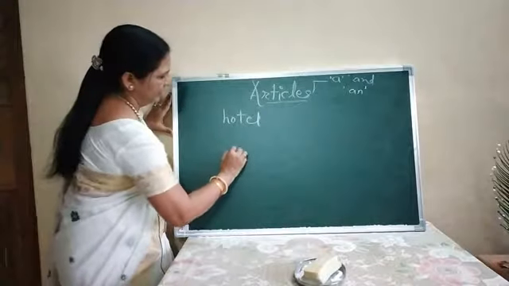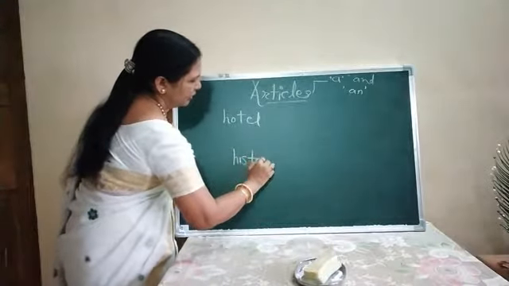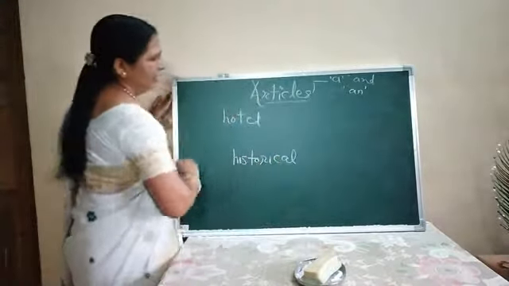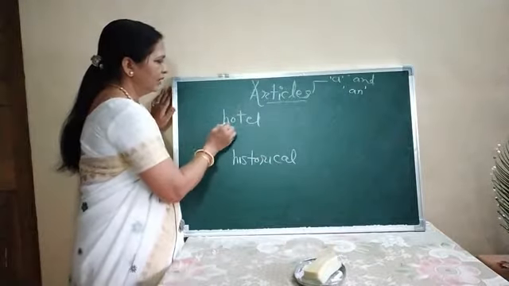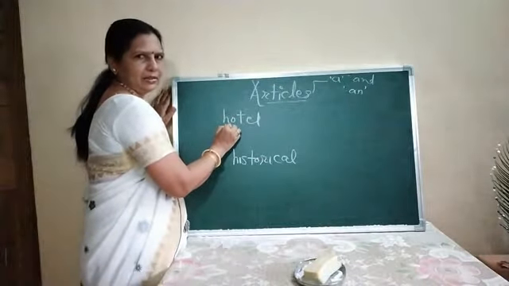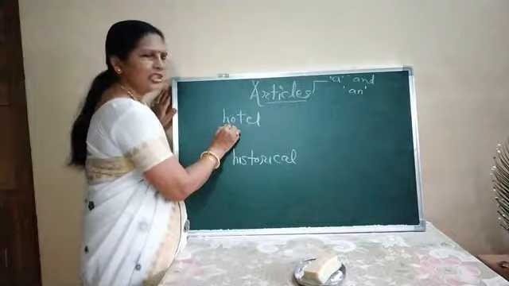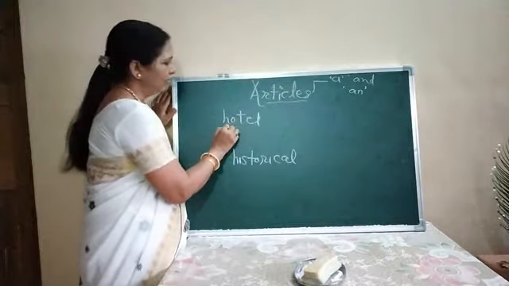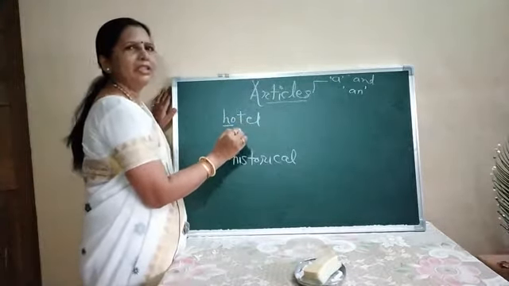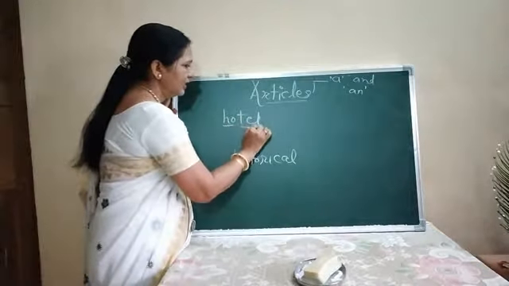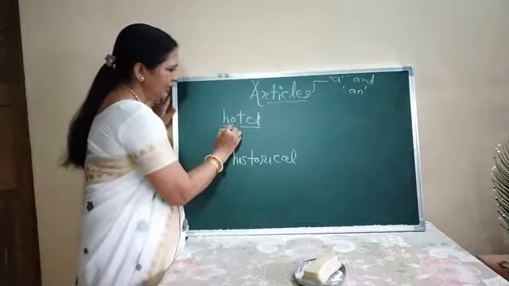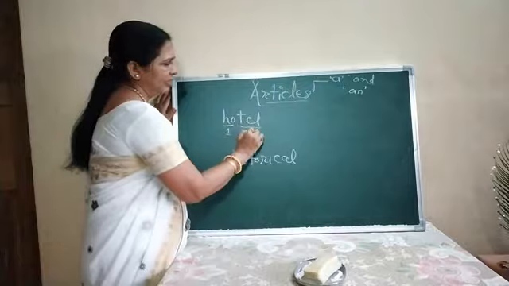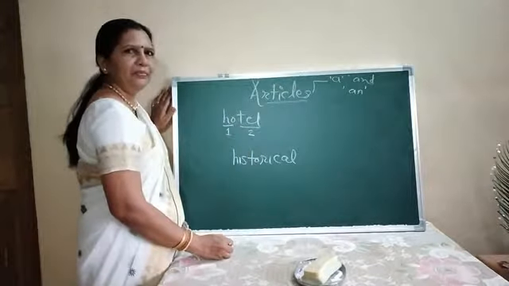Hotel and historical. How is it pronounced? This is hotel. किती syllables आहे याच्यात? 2 syllables. One is हो. Syllable म्हणजे अक्षर. This is the first syllable. This is the second syllable.